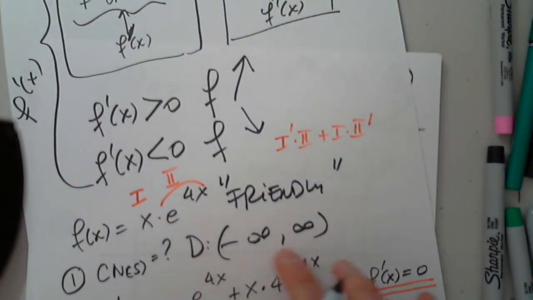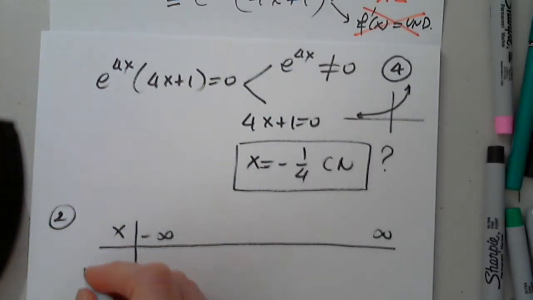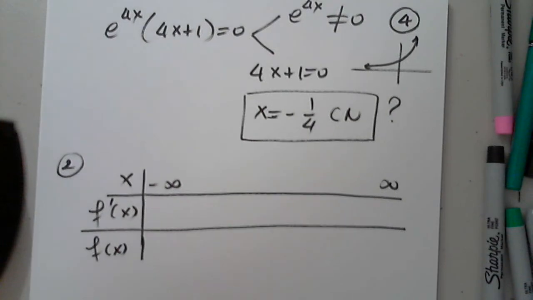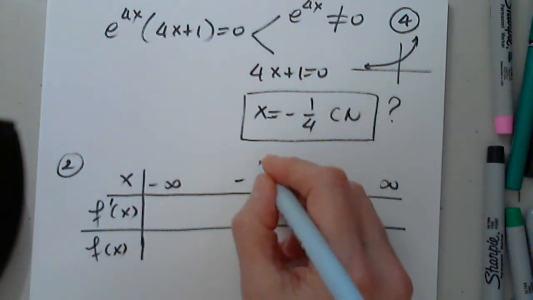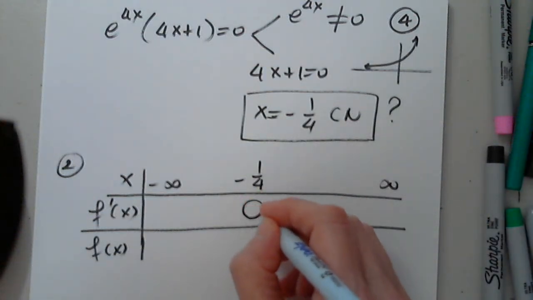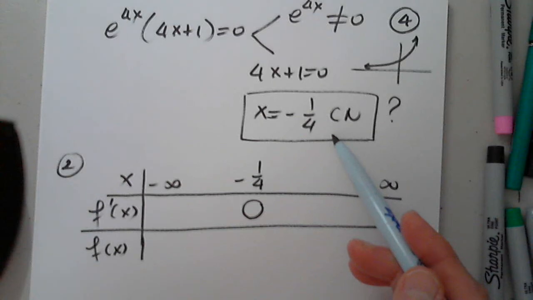Then we have f prime as the first row, and then f of x as the next row. All I care about is negative 1/4, and here's 0. How come? F prime of x is 0 when x is negative 1/4. That's how we got negative 1/4, a critical number.